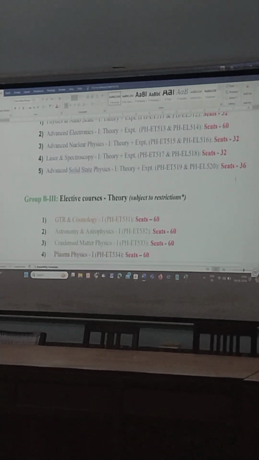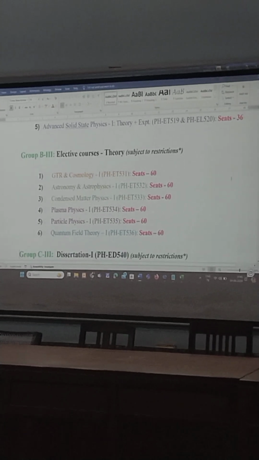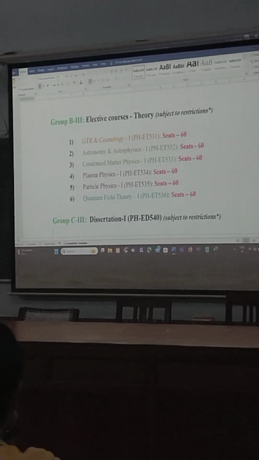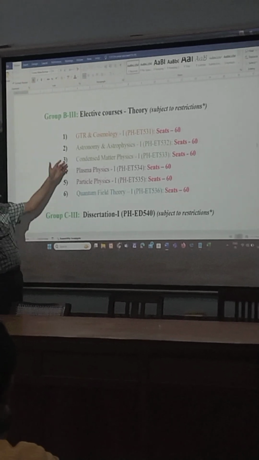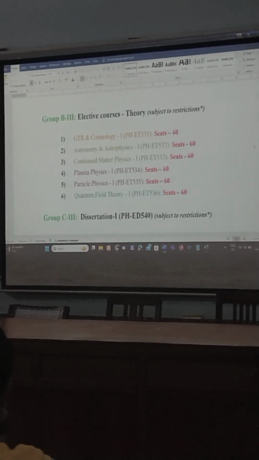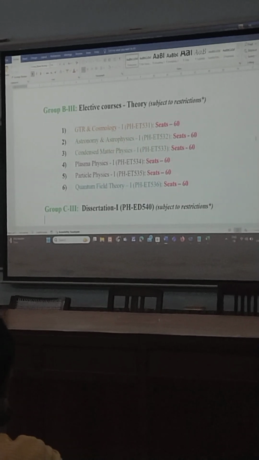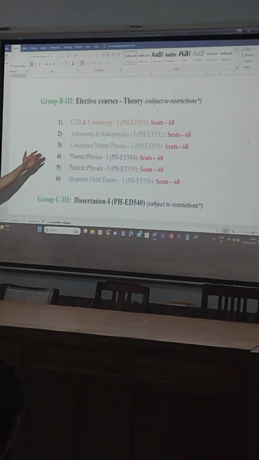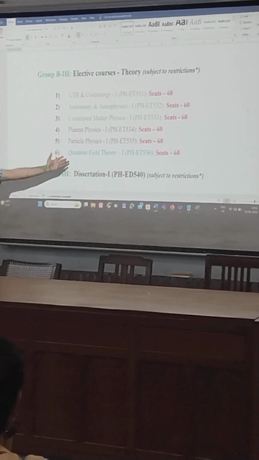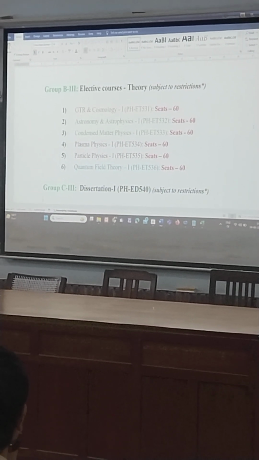And for the theory papers, the theory stream people should opt for a minimum of 2 theory papers from here, or they can go for a maximum of 3 papers. These 6 papers will be offered in the third semester: GTR and cosmology, 66 seats, then astronomy and astrophysics, condensed matter physics, plasma physics, particle physics, quantum field theory, each having 66.